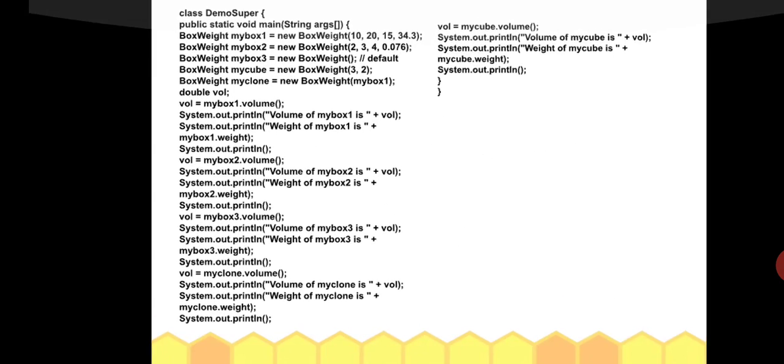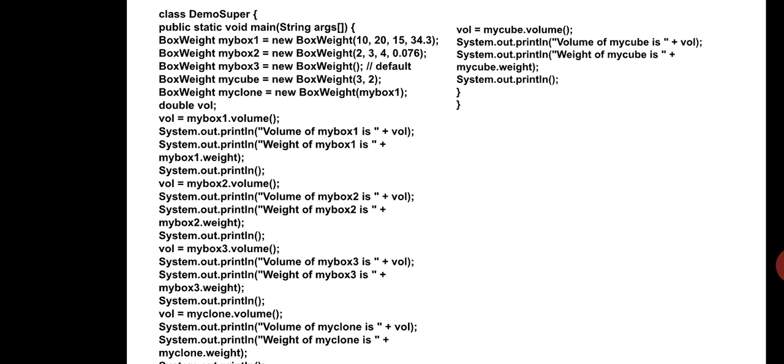Okay, now you have a main method. So this is the main method, class DemoSuper. Inside the class DemoSuper you have one main method. Inside the main method, how many objects are you creating? You are creating 1, 2, 3, 4, 5 objects for BoxWeight. So the first object is mybox1, second is mybox2, third is mybox3, fourth is mycube, and fifth is myclone.